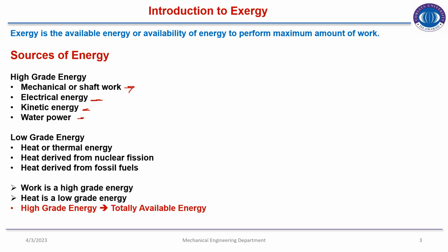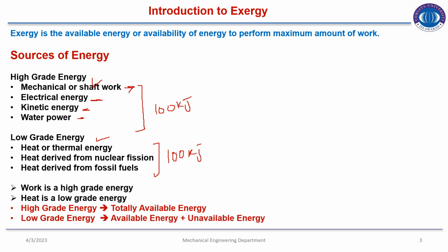High grade form of energy is the total available energy. Let's suppose here we have 100 kilojoule of energy from a high grade form of energy, and here also we have 100 kilojoule of energy from a low grade form of energy.